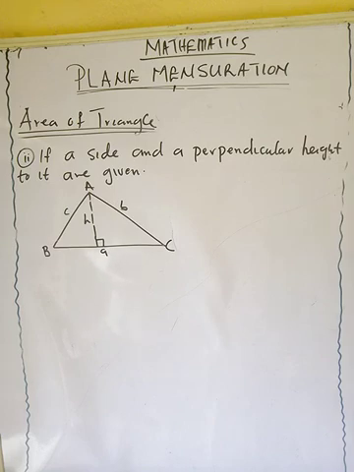The first one we did is that when the three sides of triangle are given to us and they ask us to calculate for the area, that is the previous one. Look at this Roman figure 2. If a side and a perpendicular line drawn is given to us, that is our height, when it's given to us, how do we calculate for the area?